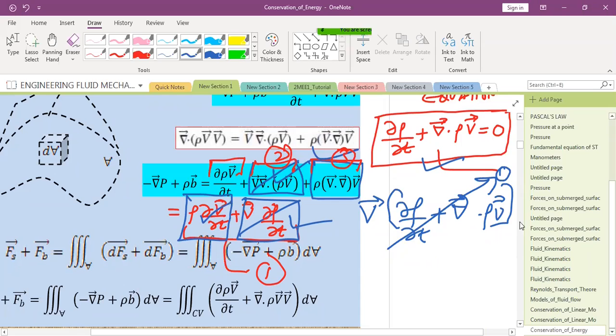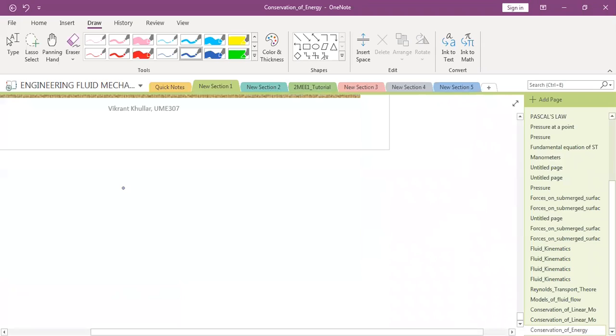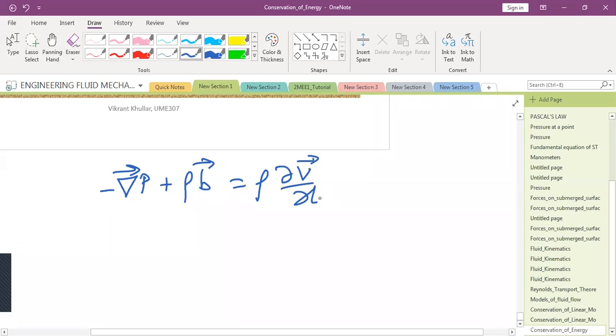So finally, help me write this down. I am writing down here: minus del P plus rho B is equal to, what should I write down? What was there? It was something like rho curly V by curly T plus, what else? Rho, del dot rho V vector dot V. This was the one.